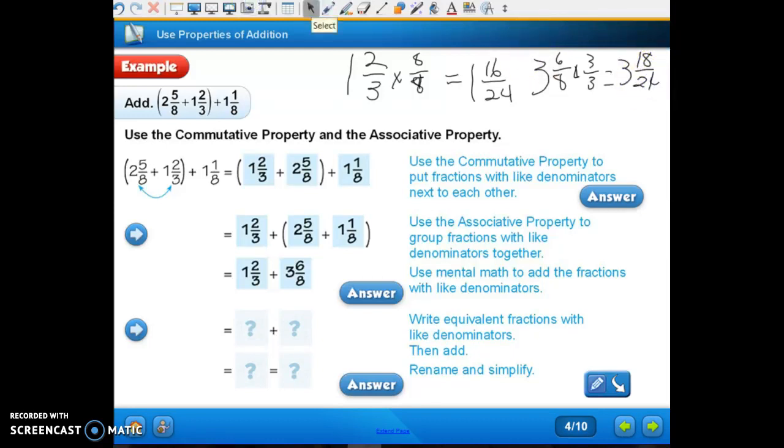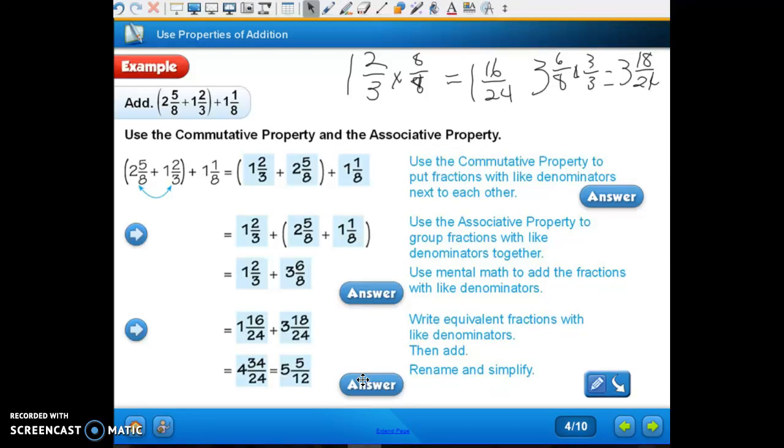Okay. Let's see if we were right. 1 and 16/24 and 3 and 18/24. So if we add 16 and 18, we get 34/24. We add our wholes, we get 3 and 1 to make 4. Can we leave 34/24? No. That's an improper fraction. The numerator is larger than the denominator.